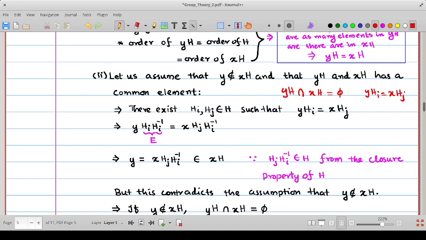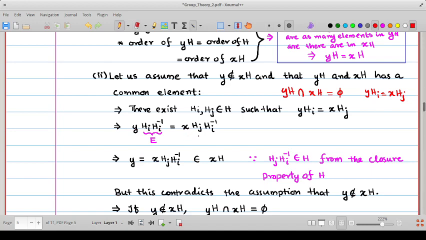And since this is a group, hi's inverse will also be there in the subgroup H itself. So you multiply from the right side of this equation with hi inverse. So I will have yhi hi inverse equal to xhj hi inverse. Now hi hi inverse is identity, then y times identity is y. So the left hand side becomes y.